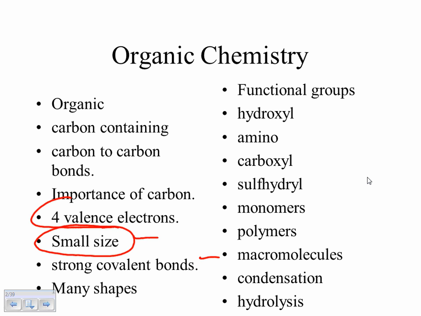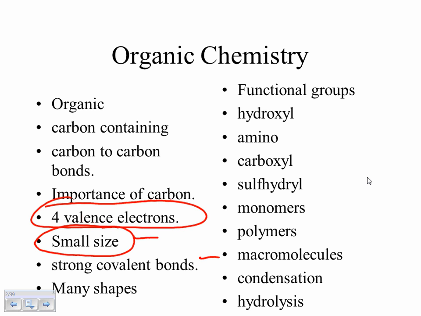Also, carbon is in column 4 of the periodic table, or column 14, depending on how you think about it, which means it has 4 valence electrons. We know that when bonds are made, especially covalent bonds in this case, electrons get shared until they get up to that magic number of 8, the octet rule. So carbon can make 4 bonds at one time. It can bind to 4 different things at one time, or it can form double and triple bonds with molecules as well.